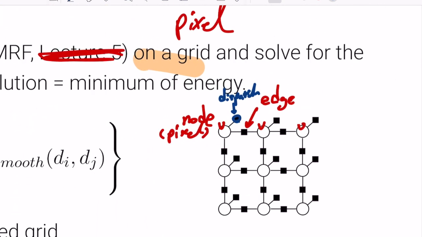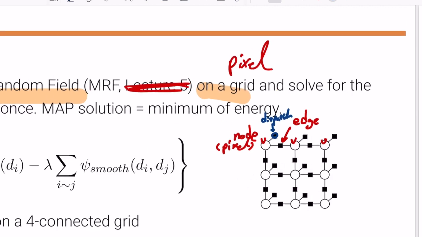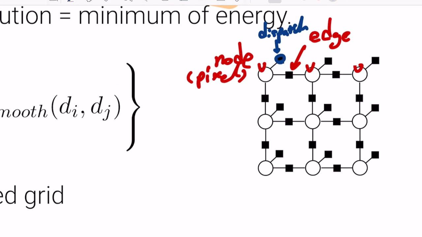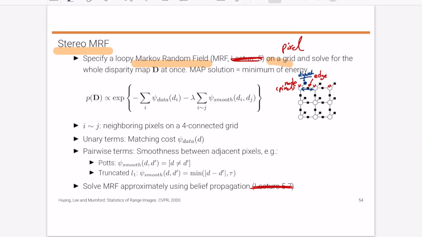This kind of graph is called a Markov random field. There are many kinds of optimizers to find the optimal disparity while considering the connections between nearby pixels. First of all, given such a Markov random field, solve for the whole disparity map D at once. In other words, the MAP solution is equal to the minimum of the energy on this Markov random field.